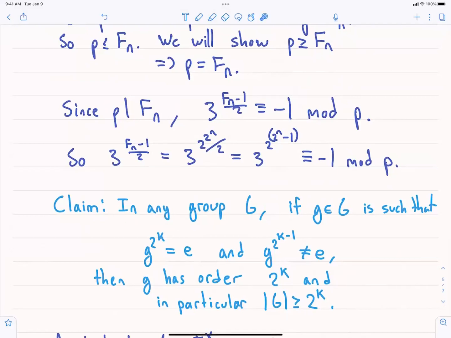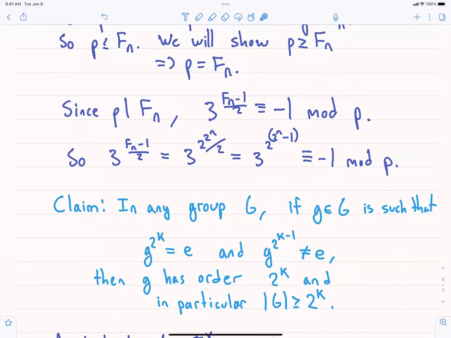So if you have an element of this group such that I raise this element to the 2^k power, so I multiply it together with itself 2 to the k times. So not 2k, 2 to the k, so this is a power of 2. And I get the identity element. In F_p cross, the identity element is just 1. But if I raise it to the next lower power of 2, I don't get the identity element.